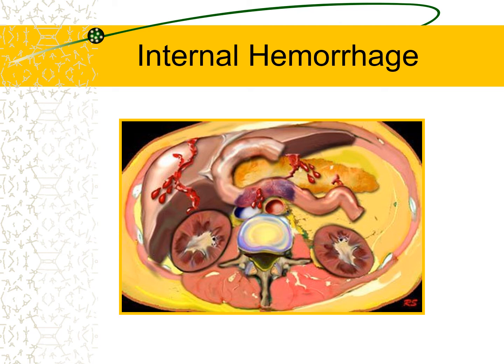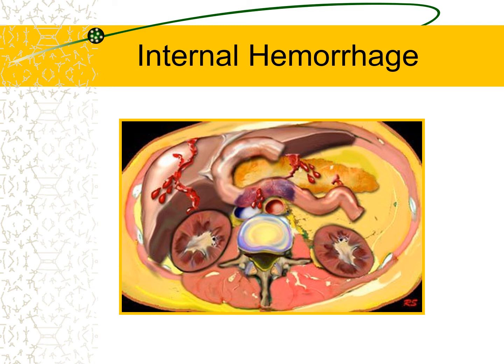If it's abdominal trauma, of course, we have the abdominal cavity, as we see in this picture. If it's a pelvic fracture, and we have the retroperitoneal region, pelvic fractures can be an important source of major hemorrhage in victims of blunt trauma.